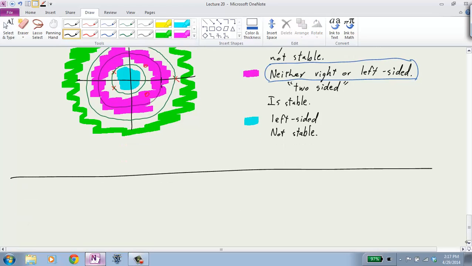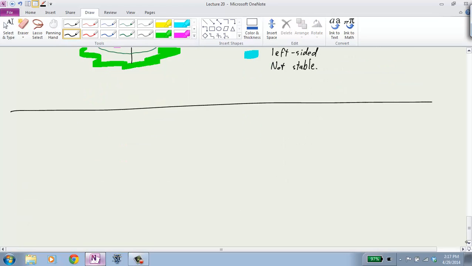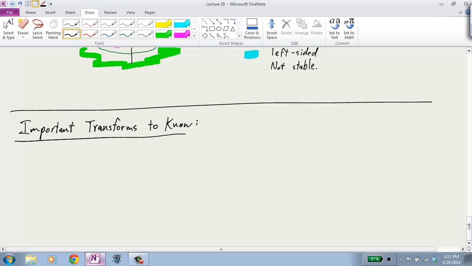There are a few transforms that you should just know, important z transforms to know, because I already said that you're not going to be using the inverse Laplace or z transform integrals for what we're doing. So let's just look at some cases here.